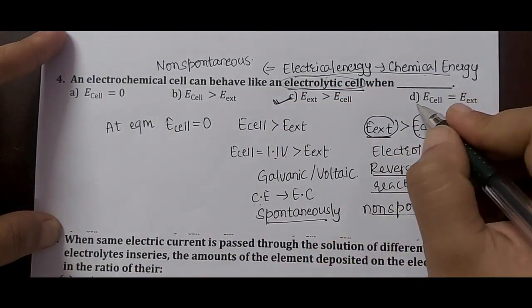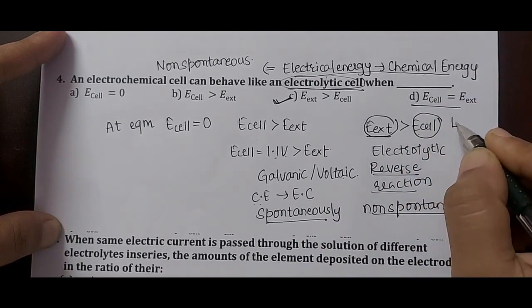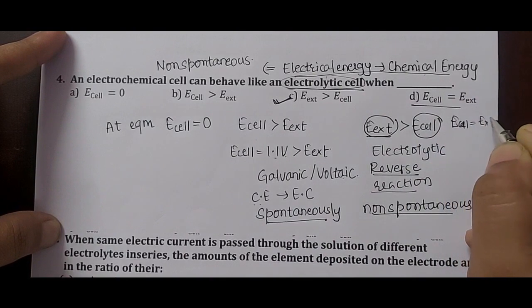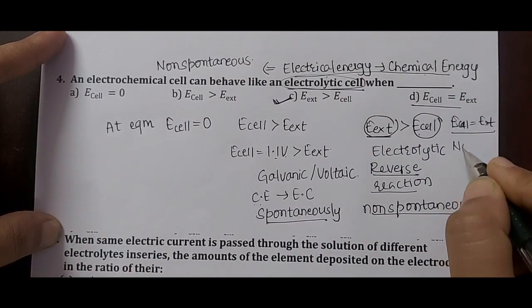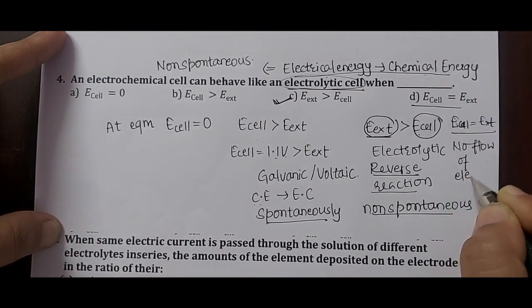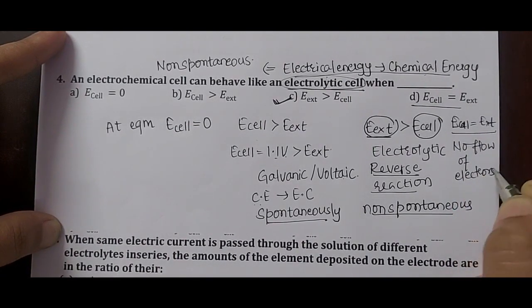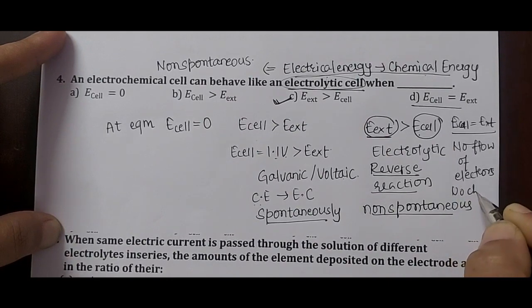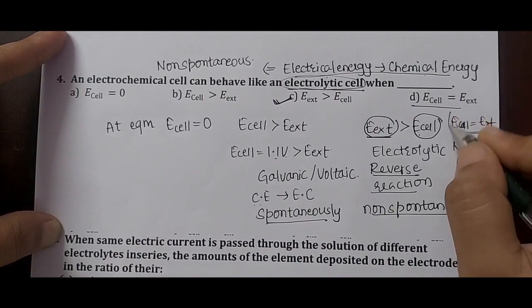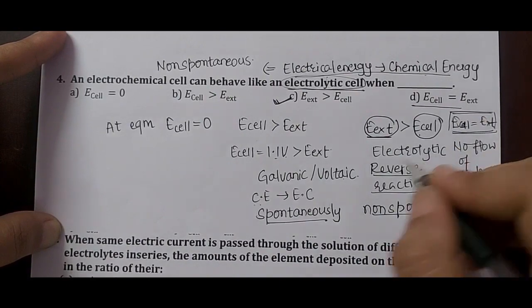And if we consider the D option, here they are saying that E cell is equal to E external. If E cell is equal to E external, there is no flow of electrons and there is no chemical reaction occurring. Thus, here it's neither a galvanic cell nor an electrolytic cell.